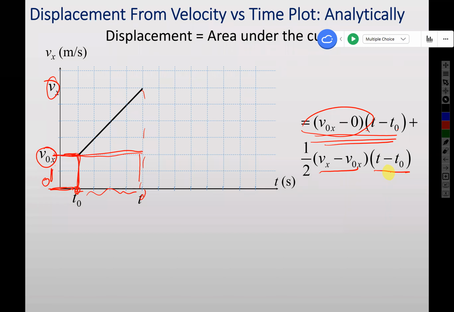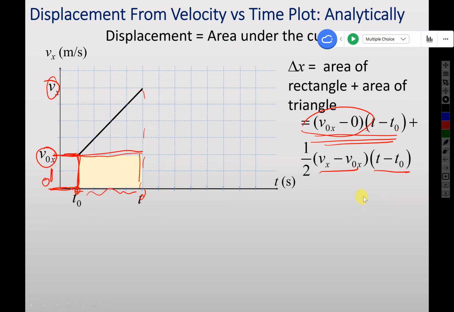So if I were to do that, then what happens? I can simplify this, and simplifying is going to be easier if I choose t0 as 0, or just write that as delta t, okay? I'm doing the exact same thing, but now I'm using variables because I want to write a formula.